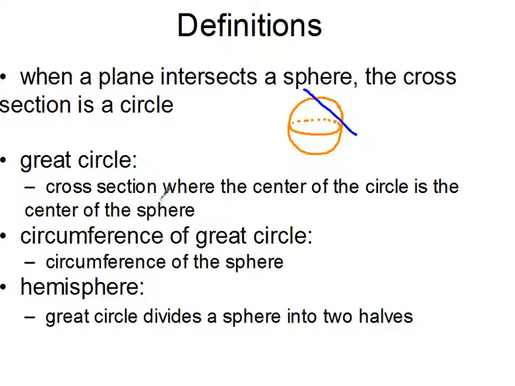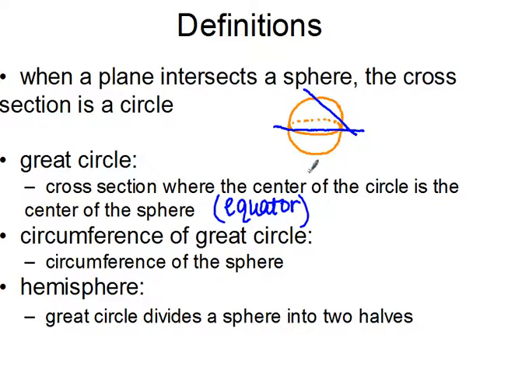If you cut the sphere where the center of the circle is the center of the sphere, so picture we're going to cut it right straight across here, then that's called a great circle. Picture the equator is a great circle. So that would be one example of a great circle of a sphere because the Earth is technically a sphere.